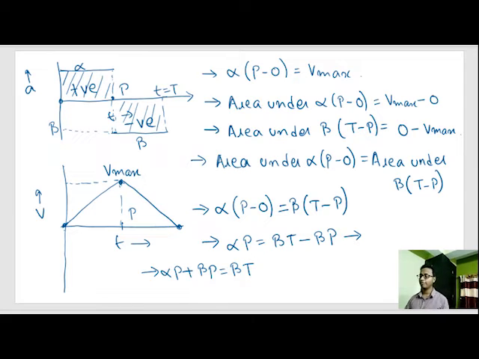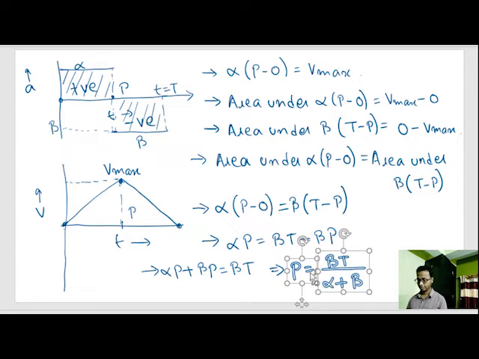Okay, we take p common: p is equal to beta t by alpha plus beta. We took p common from alpha and beta, so p is equal to beta t by alpha plus beta. Okay, now let's copy this to the next page.